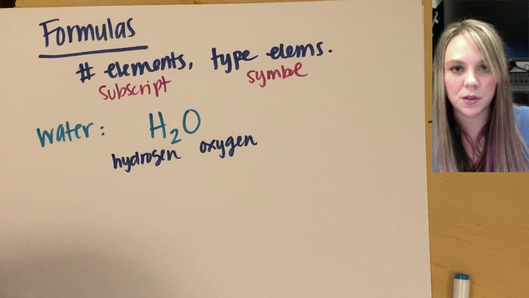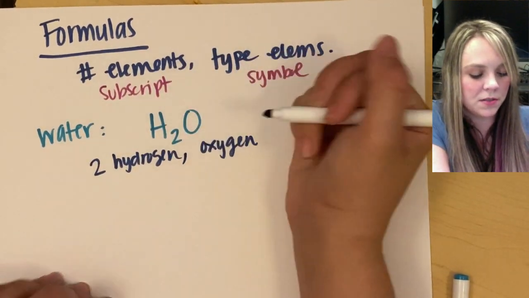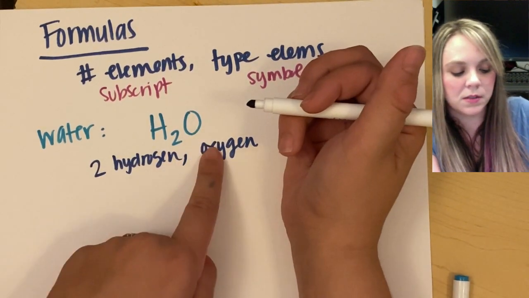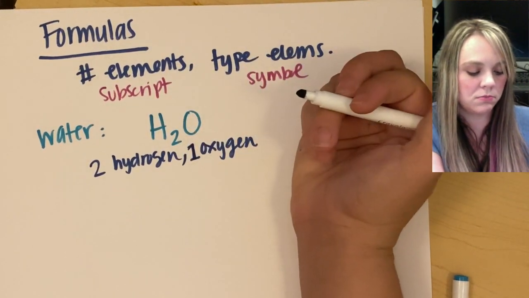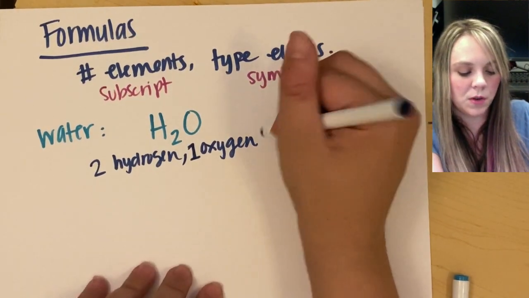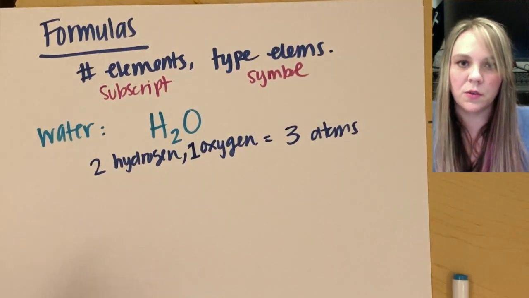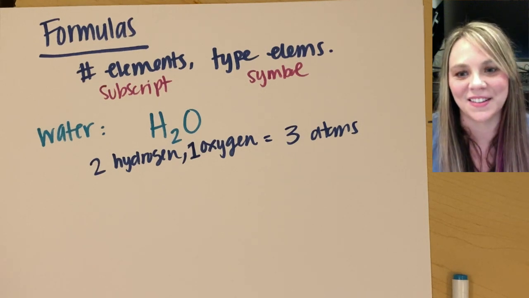And then my subscripts tell me how many of each atom I have. So I have 2 hydrogens. There's no number subscripted after oxygen, so that means there's only 1 oxygen. 2 hydrogens, 1 oxygen, total of 3 atoms for that compound. Hopefully relatively easy.